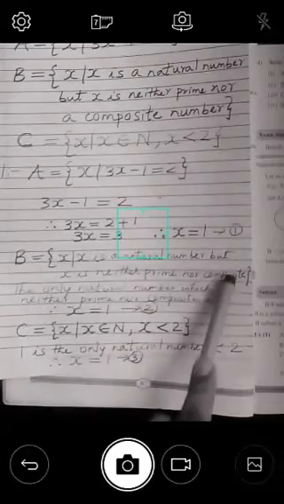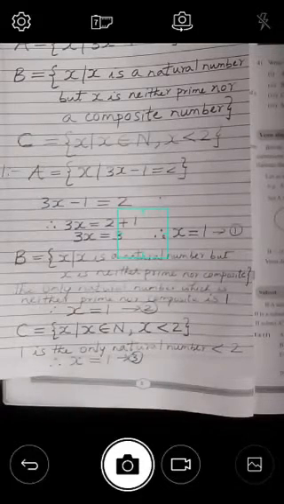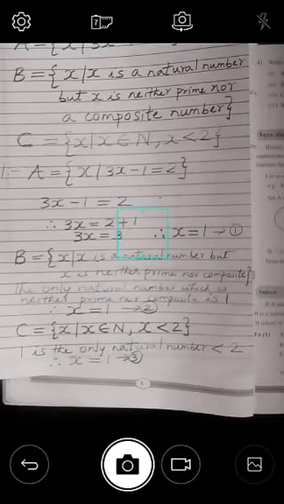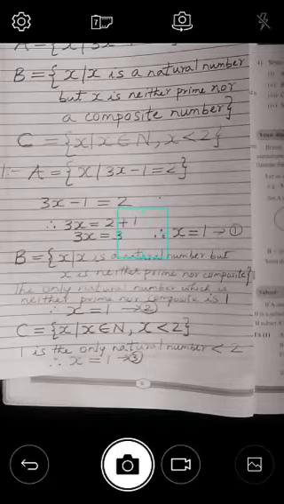Then B is equal to {x such that x is a natural number but x is neither prime nor composite}. So we know that only 1 is neither prime nor composite. Therefore x is equal to 1. This will be 2. And C is equal to {x such that x belongs to capital N and x is less than 2}.